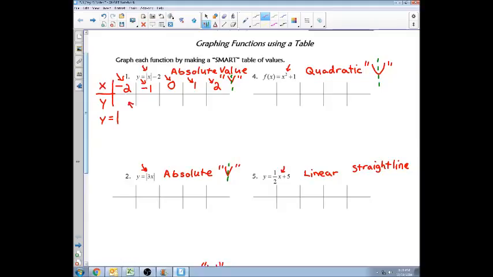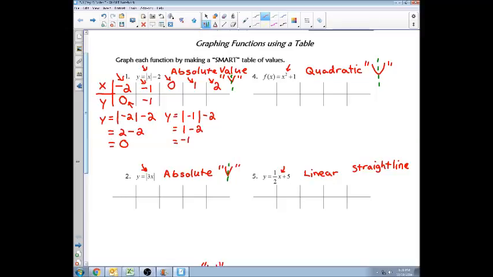The first one we come across is negative 2. So we'll take the absolute value of negative 2, which is positive 2, minus 2, which will equal 0. So my y value would be 0. Now I want to take y equals the absolute value of negative 1 minus 2. The absolute value of negative 1 is 1. Subtract 2, I get negative 1.